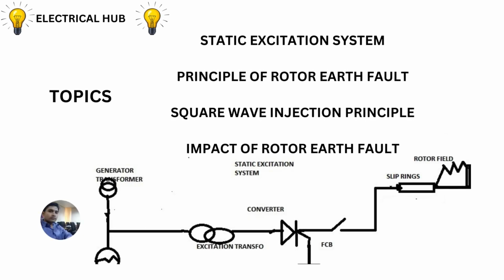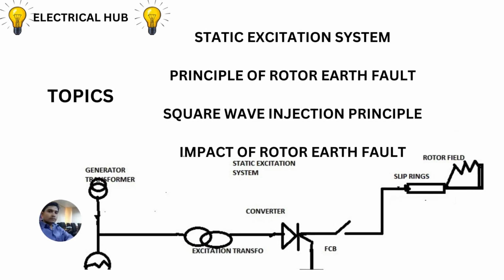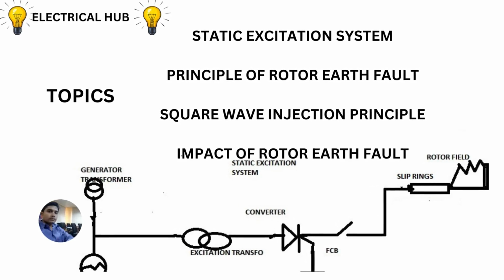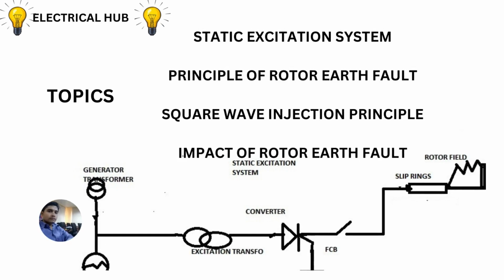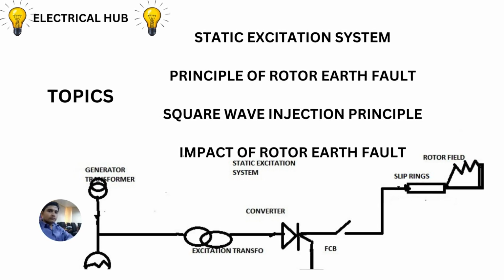The topics we are going to discuss here are the static excitation system, the principle of rotor earth fault protection, the zone of rotor earth fault protection, the square wave injection principle, how the rotor earth fault protection works on the basis of the square wave injection principle, and also a little about the impact of rotor earth fault protection.